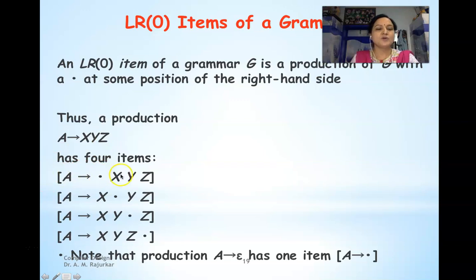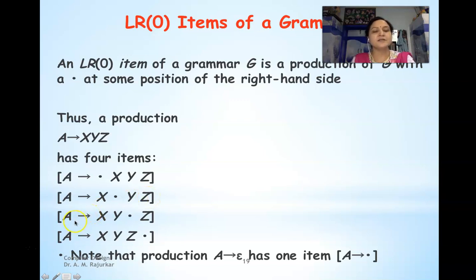A tends to dot XYZ means the dot is at the beginning, so X, Y, Z are not yet read by the parser, and X is the next symbol the parser is going to read. The next possibility is that when X is read, the dot shifts to the right: A tends to X dot YZ. This means X is read, and Y and Z are yet to be read.